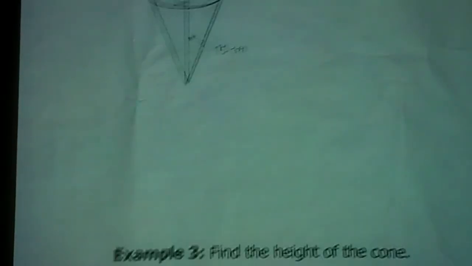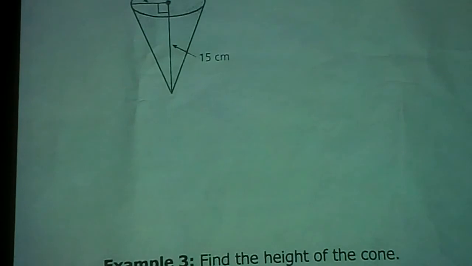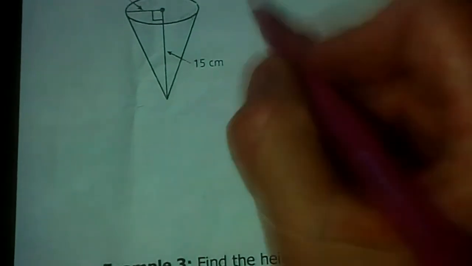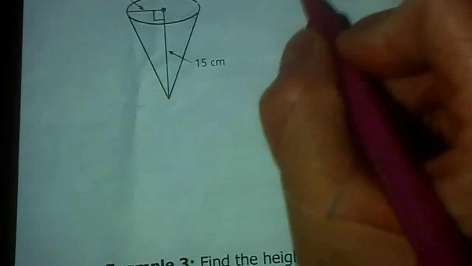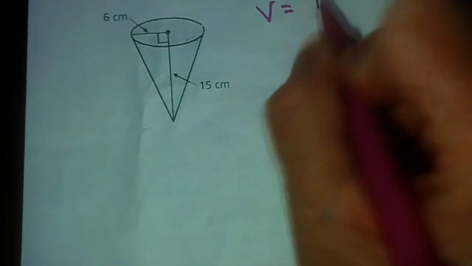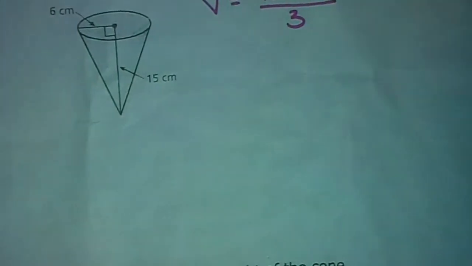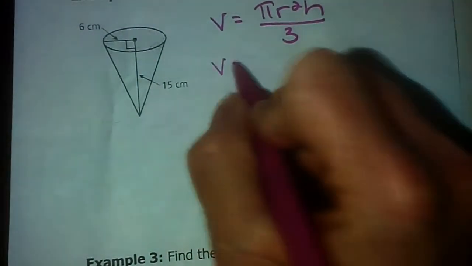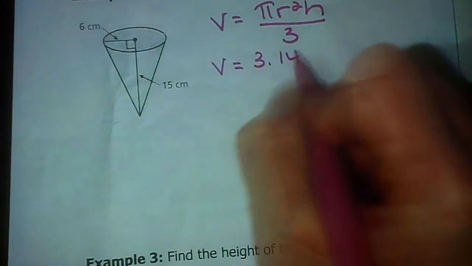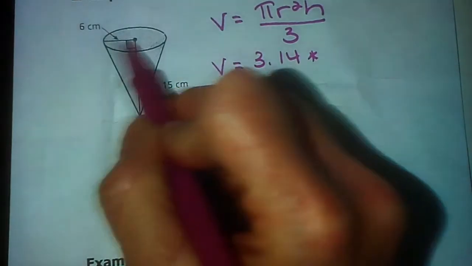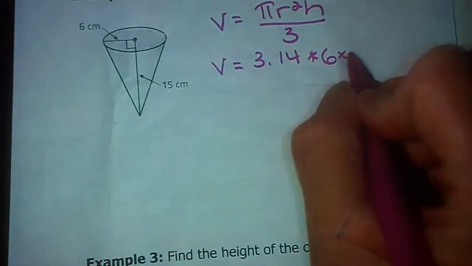Anyway, example number 2, here's another cone, but this one's upside down. It's all right. Same idea here. The volume of a cone is equal to pi r squared h, and it's a cone, so we divide by 3 because it's 1/3 of a cylinder. Plug it all in. 3.14. This time, it's actually the radius, so I don't have to divide it in half.